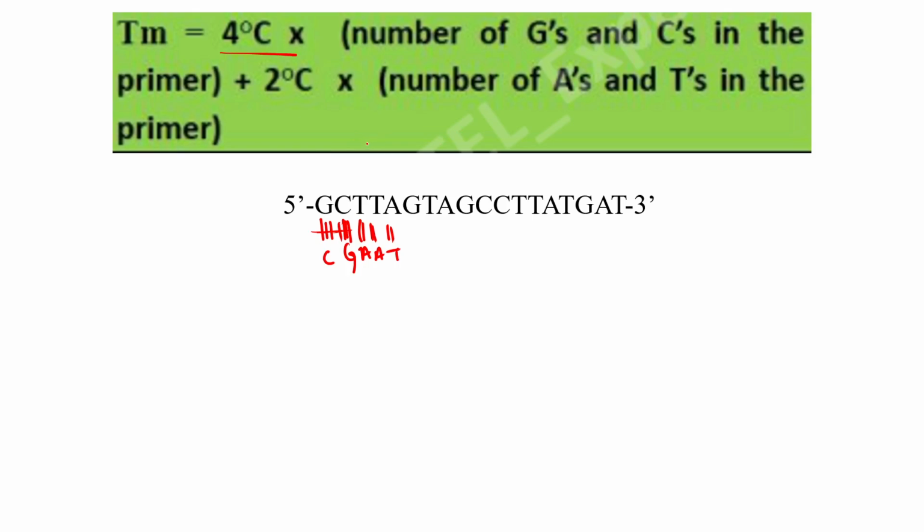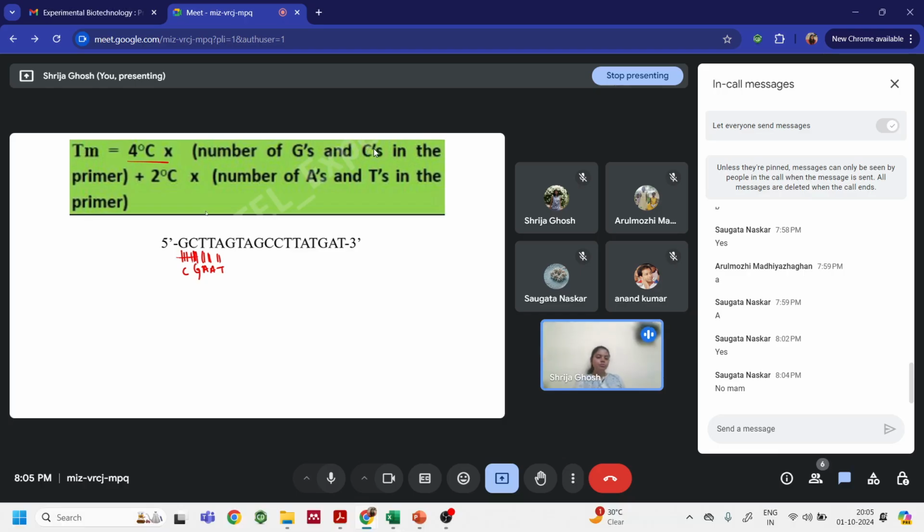Now I am giving you 2-3 minutes to calculate. This is not very tough. Just count the number of G's and C's and the number of A's and T's. Calculate this and tell me the answer, what you are getting.